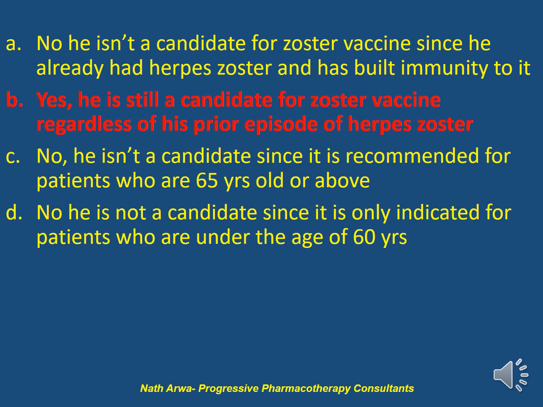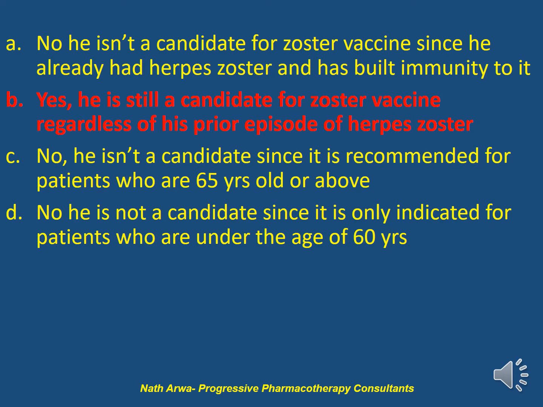And although the FDA advises the administration of these vaccines for individuals 50 or older, the ACIP recommends that vaccination begins at 60. So both answers C and D are incorrect. That leaves us with B as the most appropriate choice.